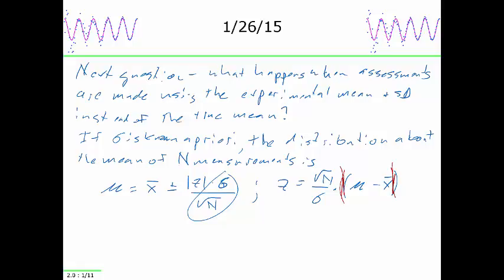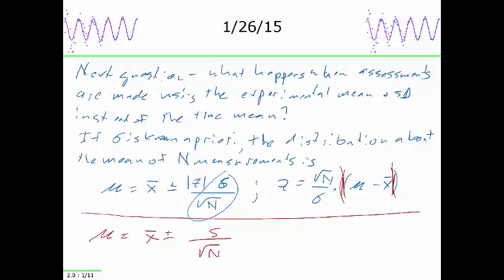Okay, I'm going to keep my red pen, though, because I want to discriminate between the analogous expression, if I don't know sigma, but estimate it from S. So if S is the experimental standard deviation, then I introduce this new parameter t, which serves the same role as z.